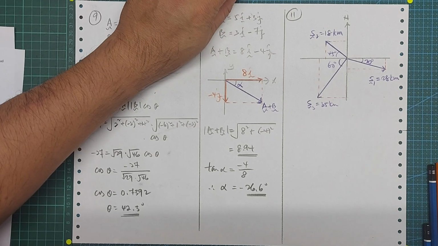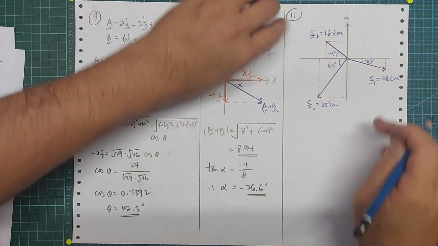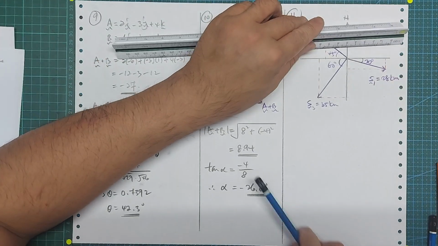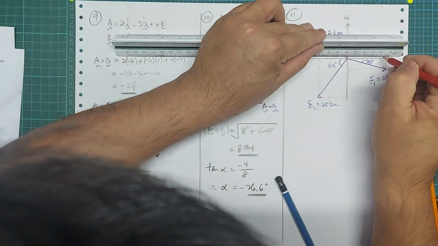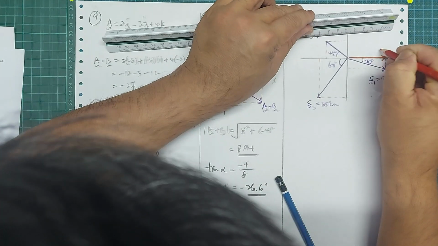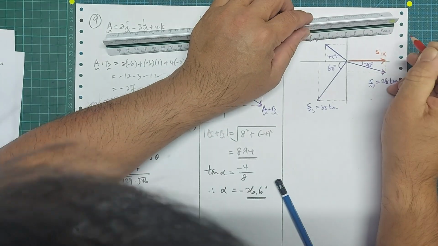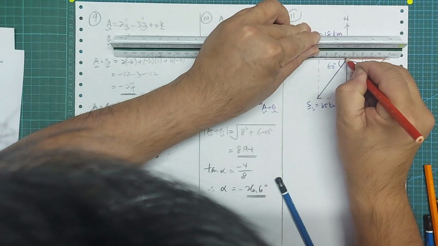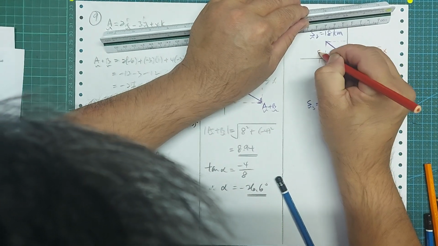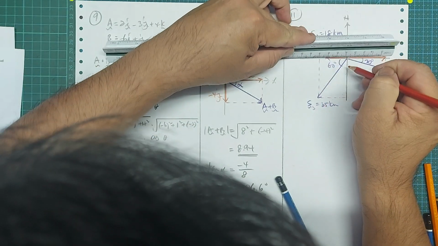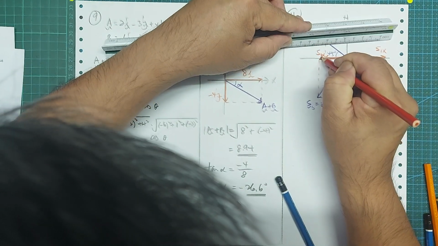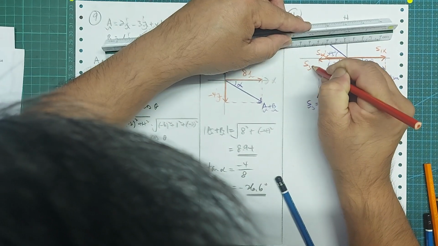Yeah, so I will start by using S1. Okay, so this one here is going to be S1x, and this one here is going to be S2x, and corresponding to S3, this one is S3x.